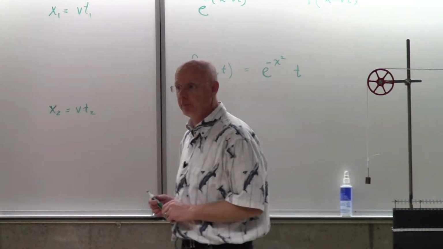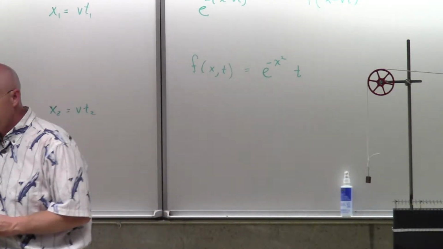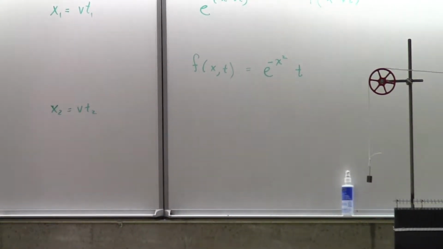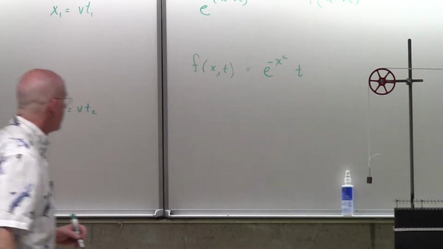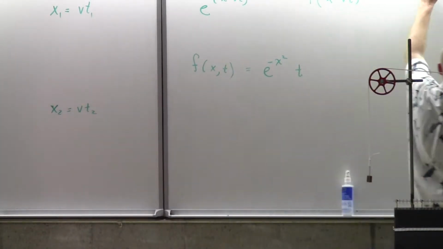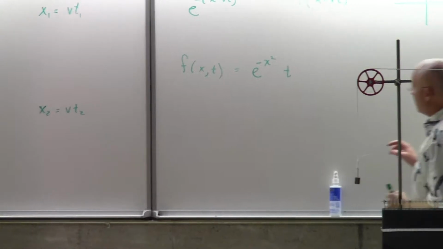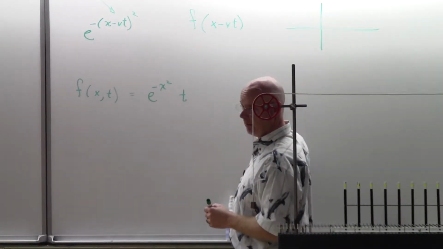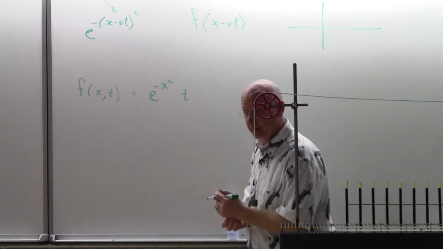No. Why not? Well, let's plot it at time equal to 0. What do you get at time equals 0? Now here's the Gaussian times 0. So I get nothing, right?